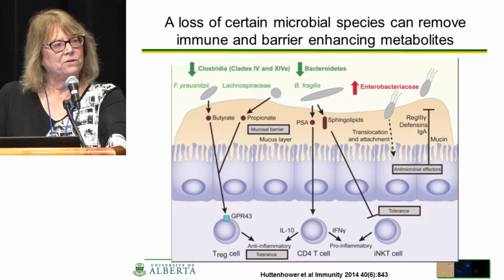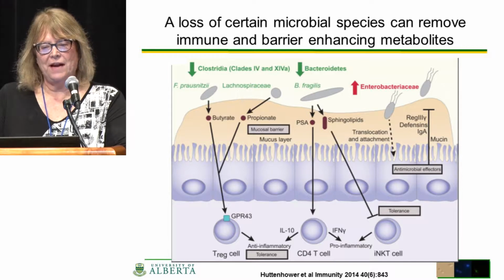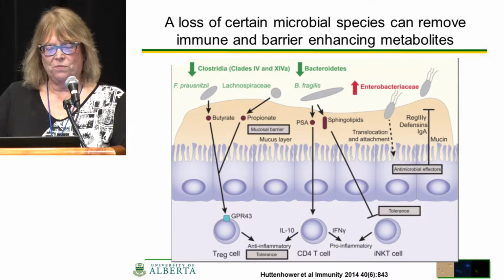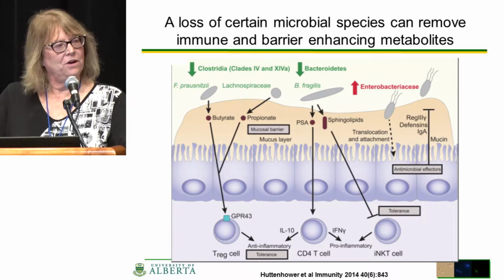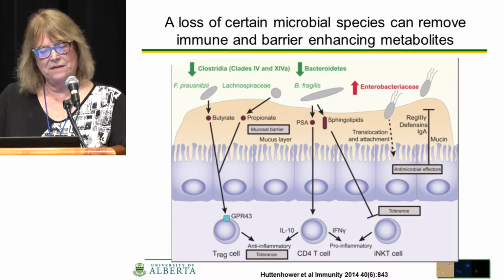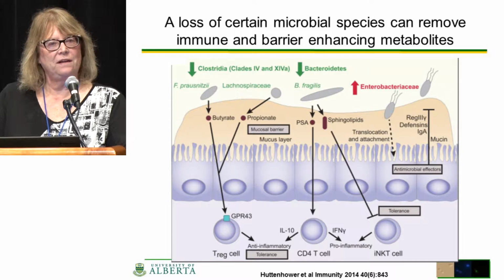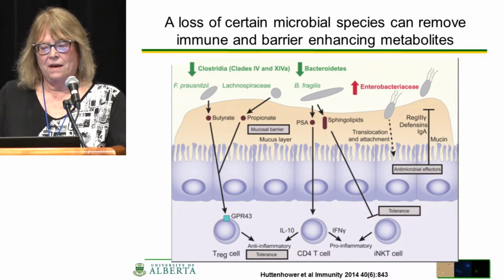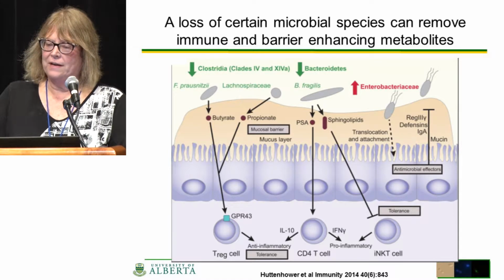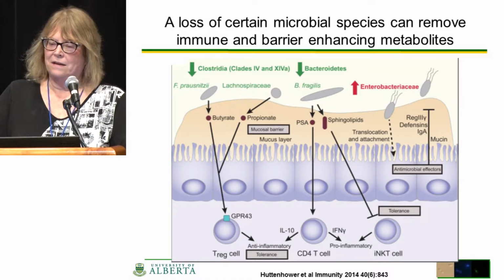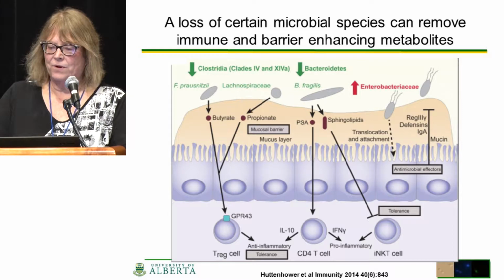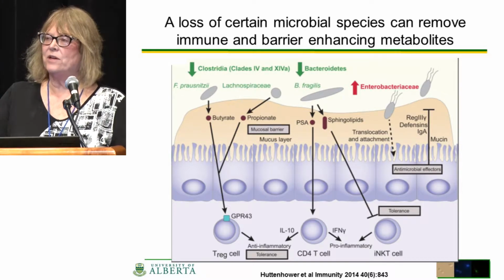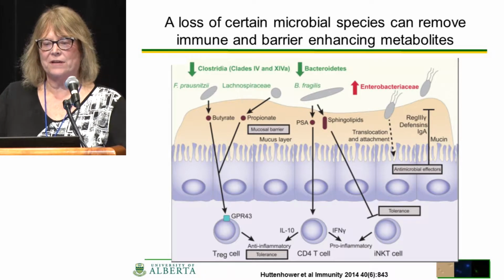When you lose your anaerobes, you lose your Lachnospiraceae, you lose your butyrate, you lose your propionate, the metabolites that push the production of T regulatory cells to an anti-inflammatory state. And now you have all the Enterobacteriaceae. These are more inflammatory organisms, and they are invading and driving a more inflammatory response.